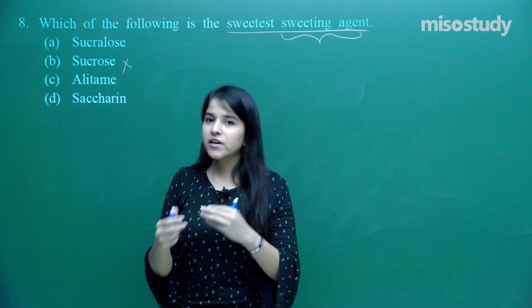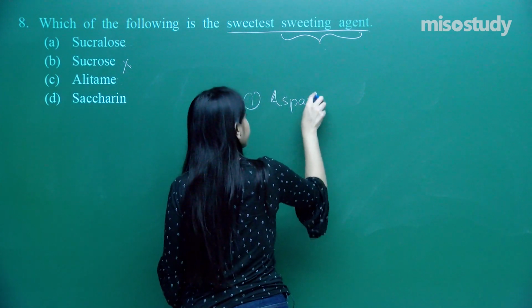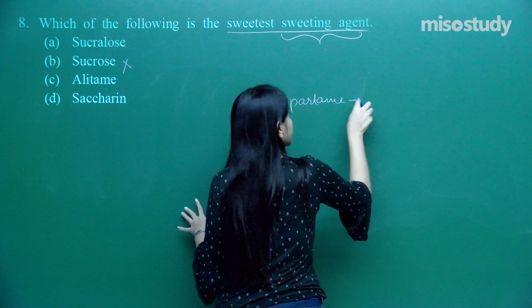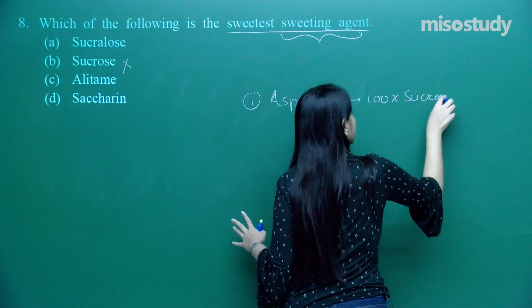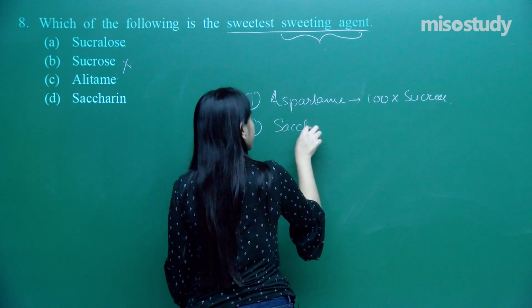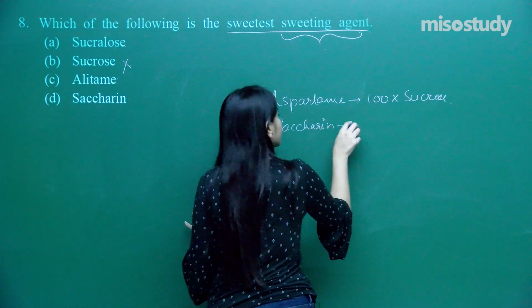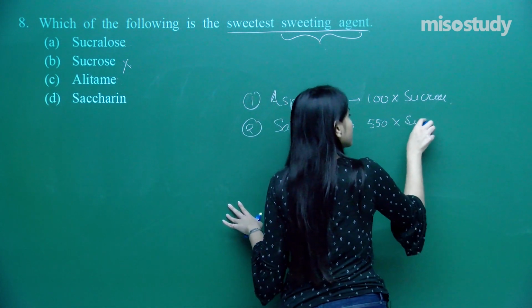Starting from the very basic, first was the aspartame that we have discussed, which was 100 times that of sucrose. That is the sweetness. Second was saccharin, which was how much? It was 550 times that of sucrose.